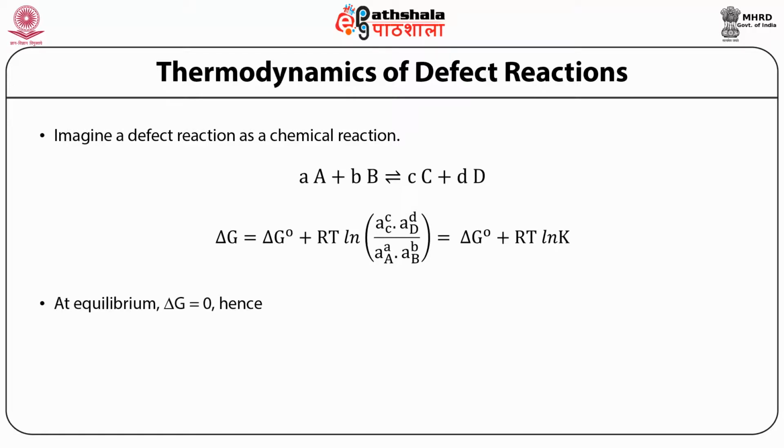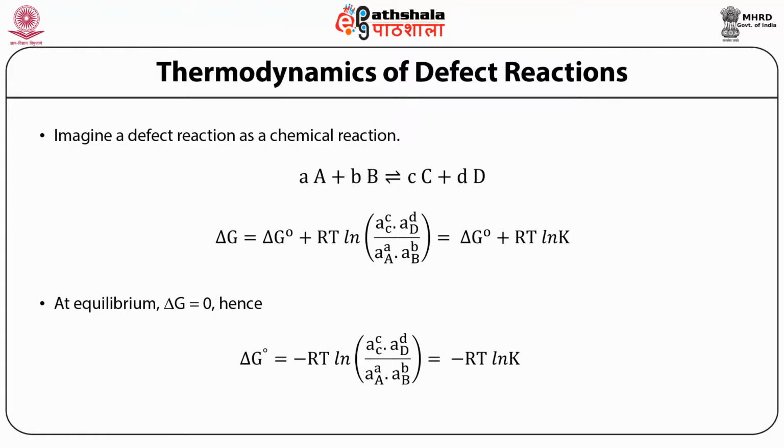So at equilibrium delta G is 0. So the expression becomes delta G naught is equal to minus RT natural log capital K, where K is the equilibrium or reaction constant at the equilibrium.